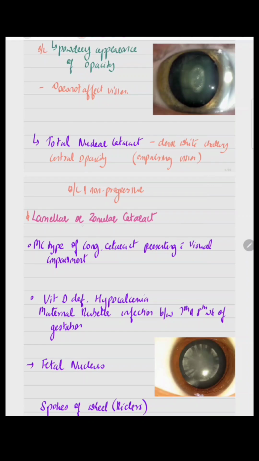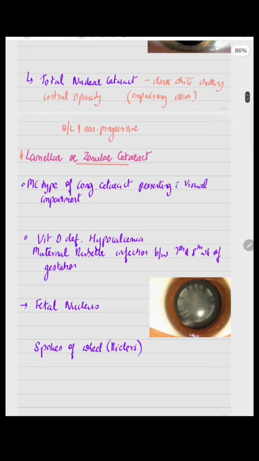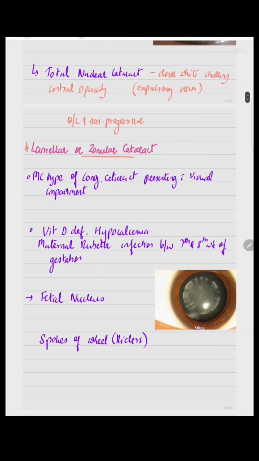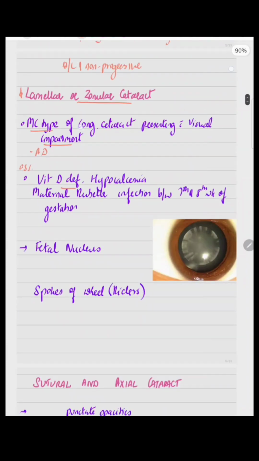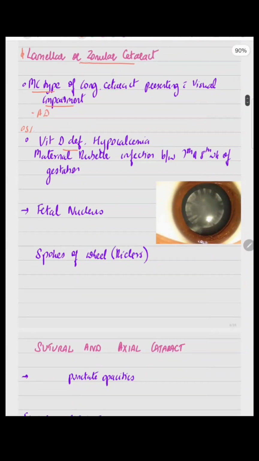Next is lamellar and/or zonular cataract. It is the most common type of congenital cataract presenting with visual impairment. It is autosomal dominant type, associated with vitamin D deficiency, hypocalcemia, maternal rubella infection between 7th and 8th week of gestation.